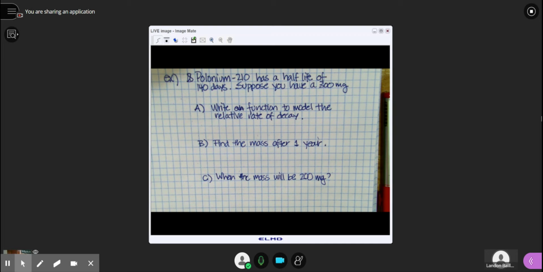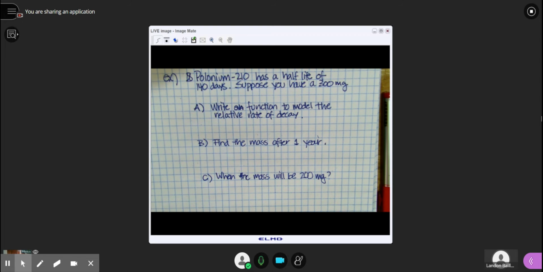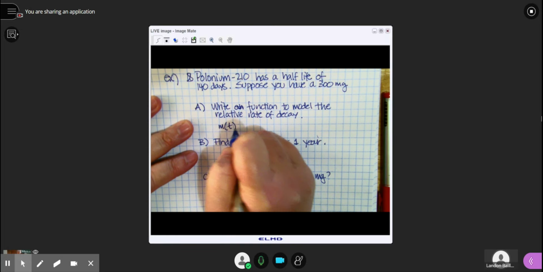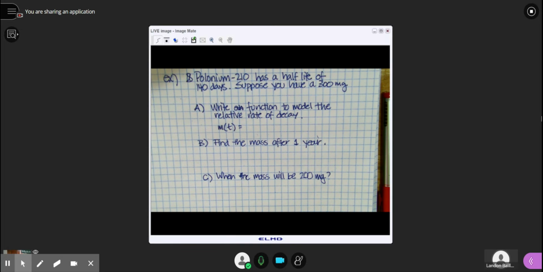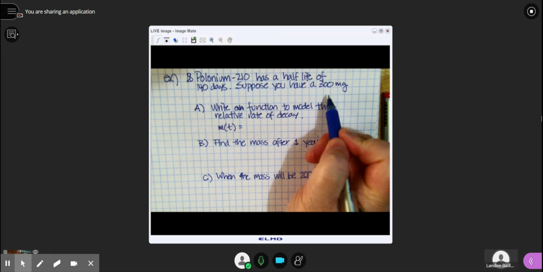All right, relative rate of decay. M of t is equal to... so initial is how much? What was the initial amount?